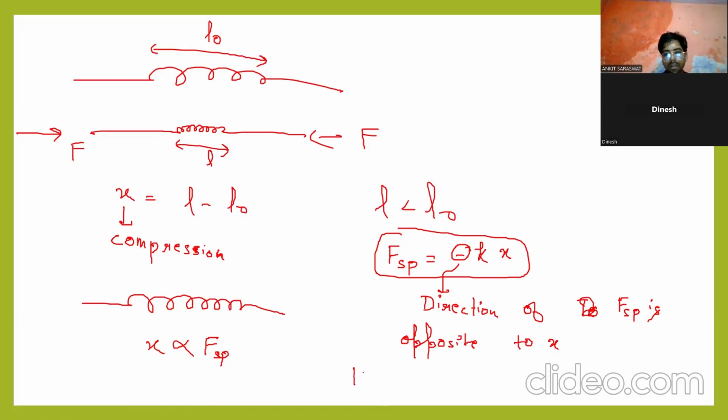What is K? K is the spring constant, because it belongs to the spring. We also call it the force constant or stiffness.